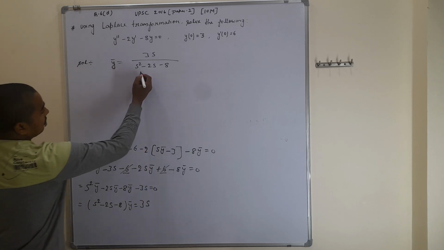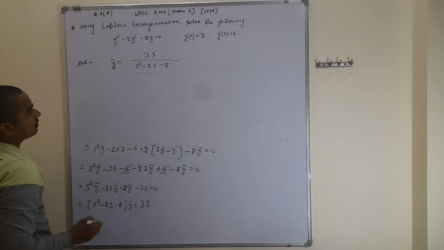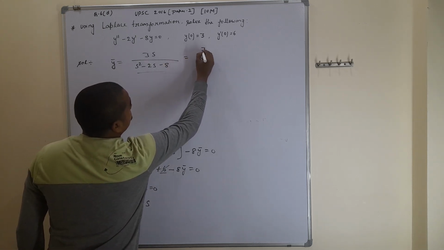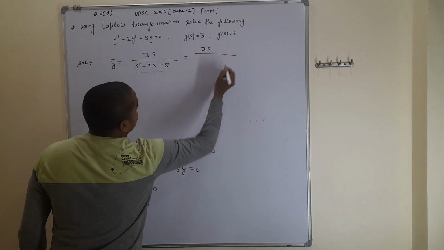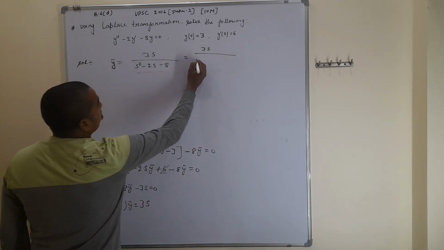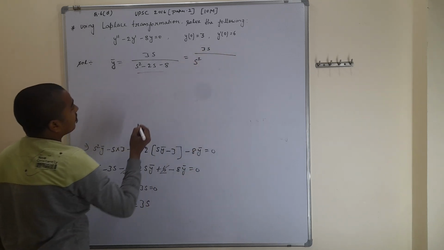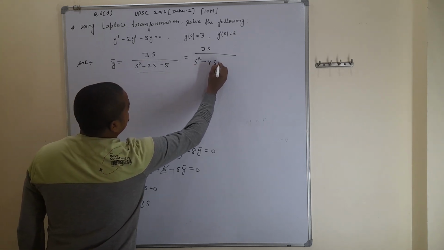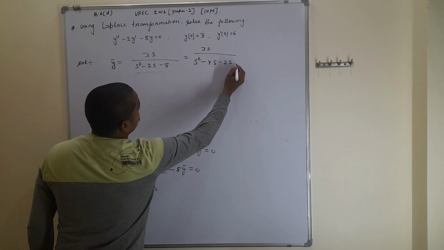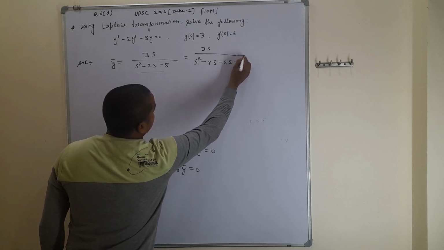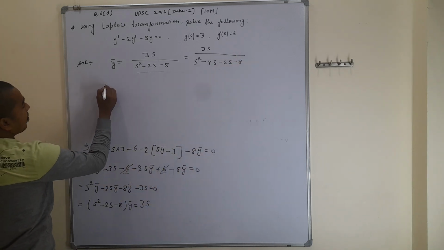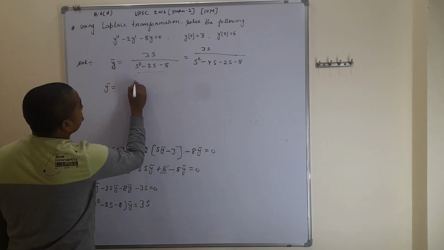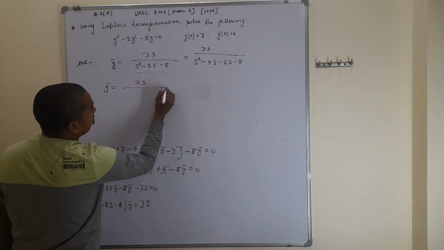First we have to try the factorization method. That is, 3s upon s square minus 4s plus 2s minus 8.